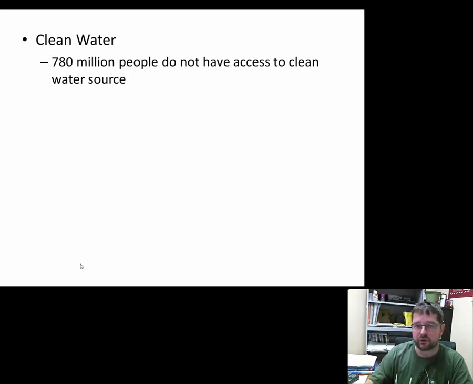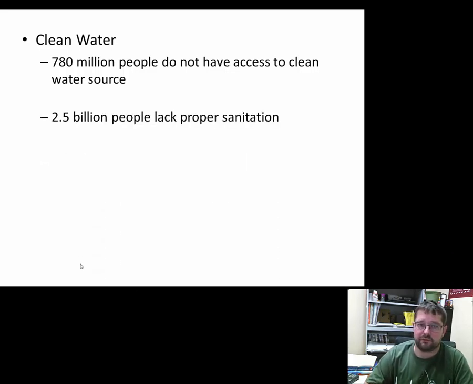But more concerning is, why are those 780 million people without clean water? Part of the reason is that about 2.5 billion people on the planet, remember, there are only 7.6 billion people, lack proper sanitation.